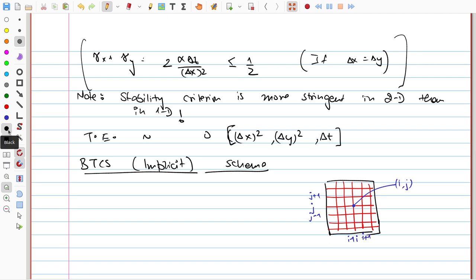So let's write the governing difference equation for backward time center space.